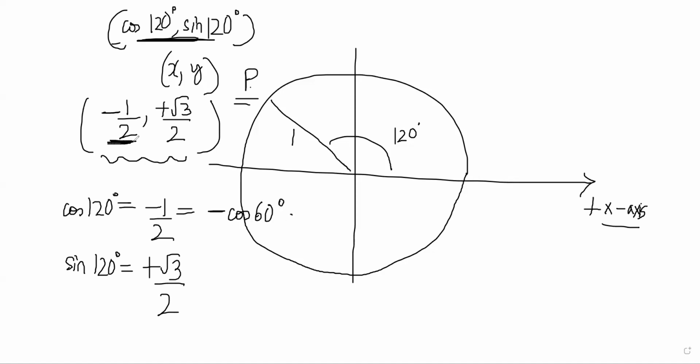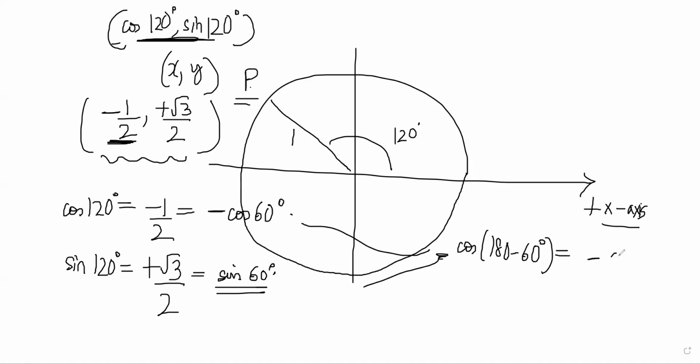Yes. That's what you calculated, no? Yes, sir. This you got it as sine 60 degrees, right? Yes, sir. So now this tells us another rule that cos of 180 minus 60 is minus cos 60.